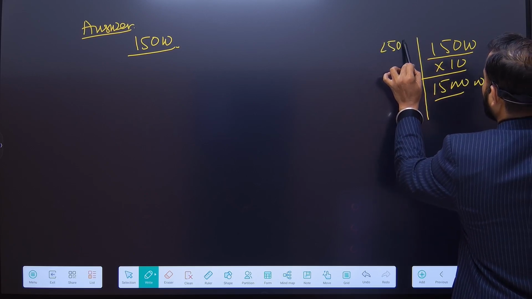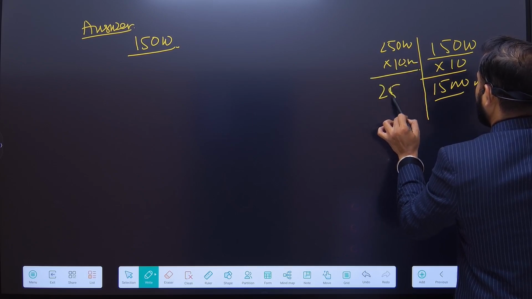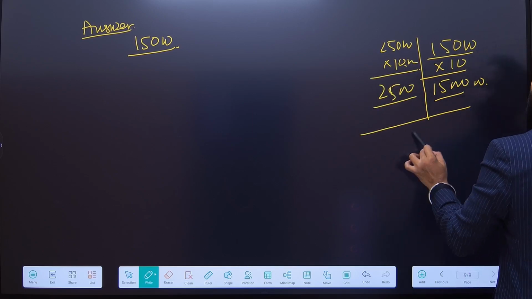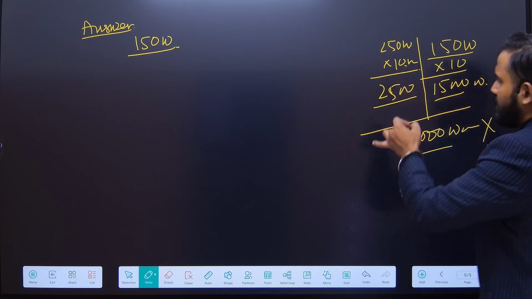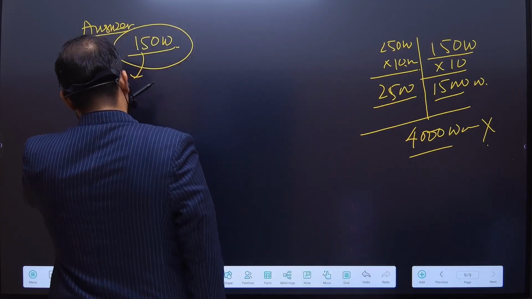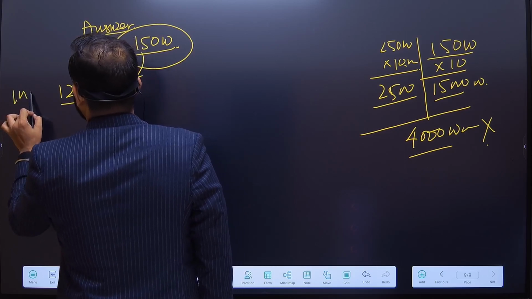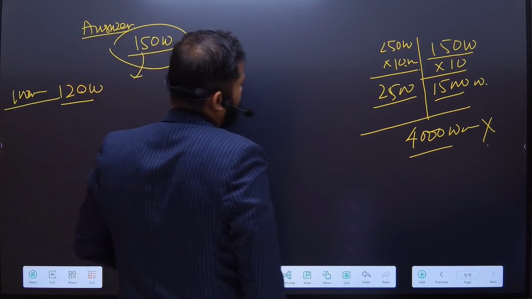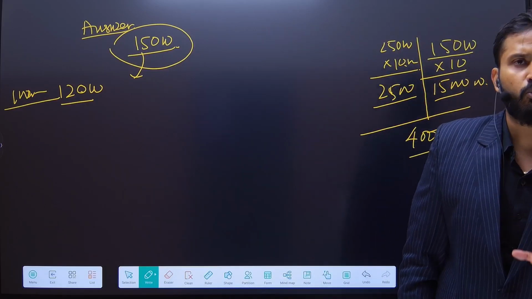There are 250 word questions, 10 of them, that is a total of 2500 words. A sum total of 4000 words, which is impossible, so you'll cut down words. For a 150 word answer, try to focus on 100 to 120 maximum. That is why writing using graphs, charts, bullet points will fetch more marks.